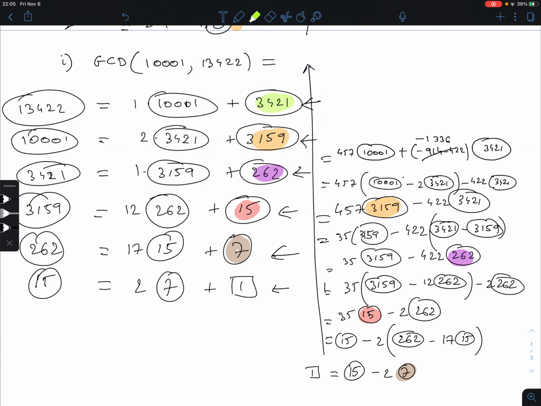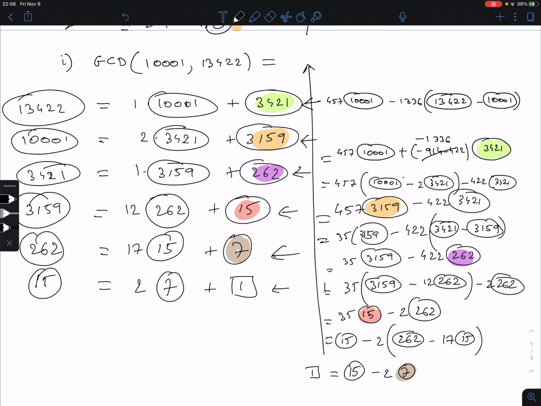So this guy, I now replace the smallest of the two circled numbers, and so I have 475 times this guy minus 1336. That guy is actually 13422 circled minus 10,001 circled.